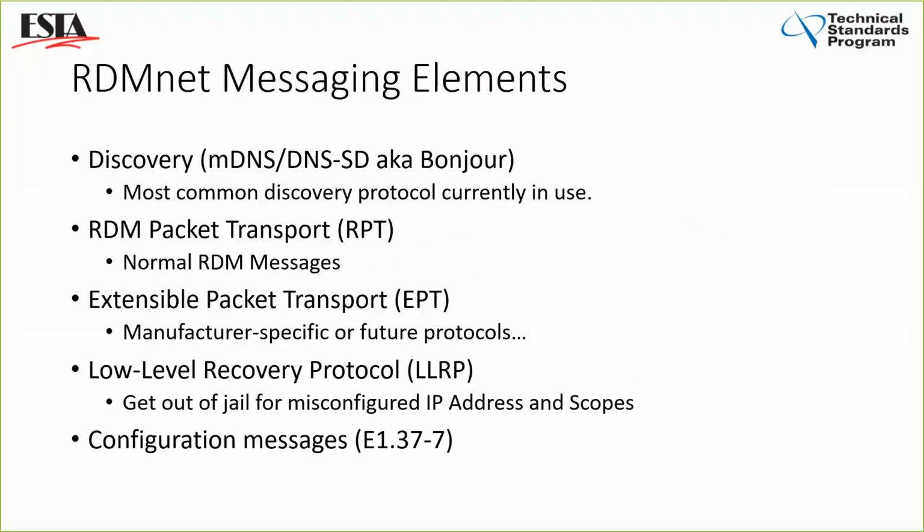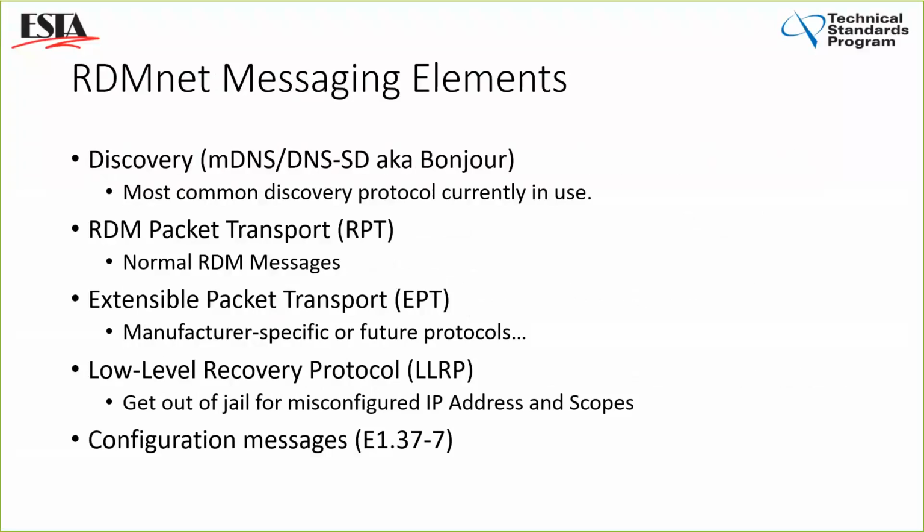We have a protocol called RDM packet transport, which is for sending RDM messages on the network. We have a protocol called extensible packet transport, which is for manufacturer-specific or future protocols, thus the extensibility. And then we have the low-level recovery protocol, as Scott mentioned, a get-out-of-jail protocol for misconfigured IP addresses and scopes on the network.